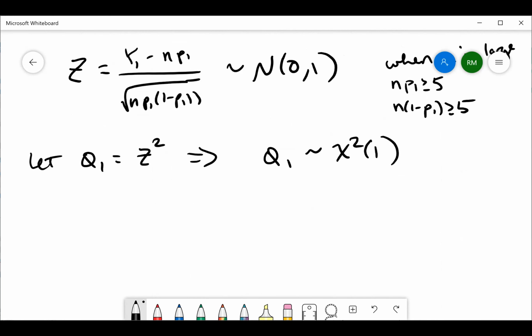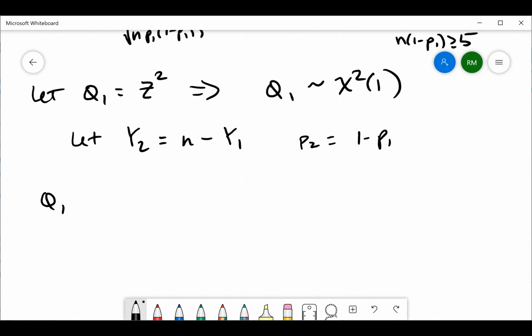So we're going to do the following. We're going to let y2 equal n minus y1. y1 is the number of successes, y2 is the number of failures, and p2 is 1 minus p1. So if we do a little algebra, we see that we get the following.